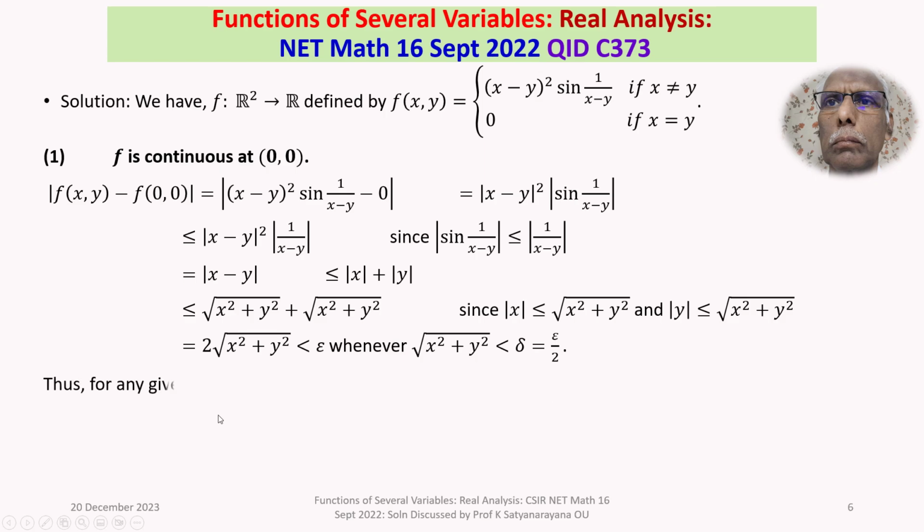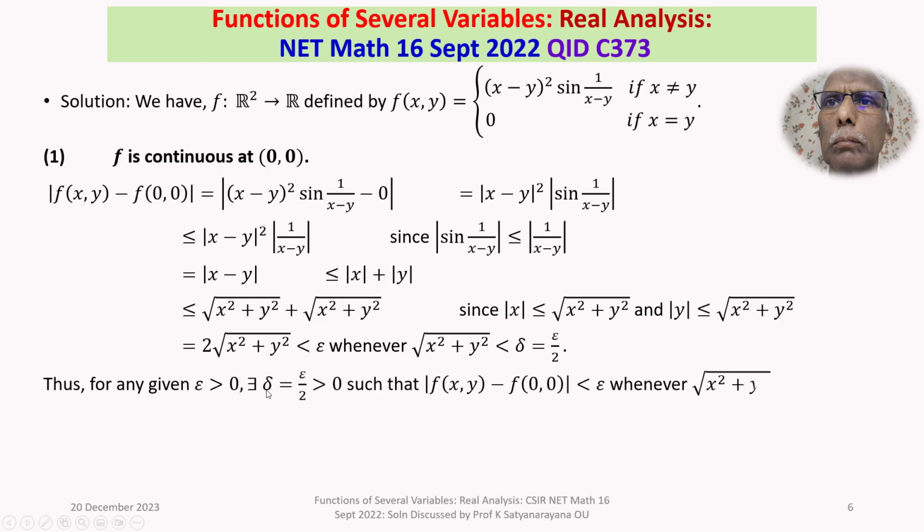Thus, for any given epsilon greater than 0, there exists a delta equal to epsilon by 2 greater than 0, such that mod of f of (x, y) minus f of (0, 0) is less than epsilon whenever the square root of x square plus y square is less than delta. This tells you the limit as (x, y) tends to (0, 0) of the function f of (x, y) is equal to f of (0, 0).